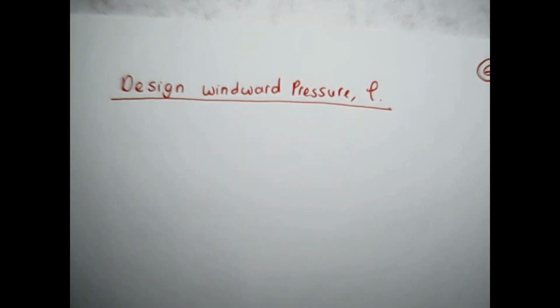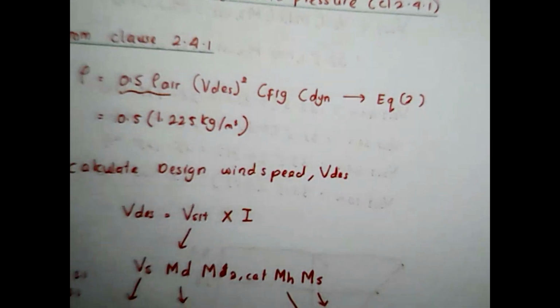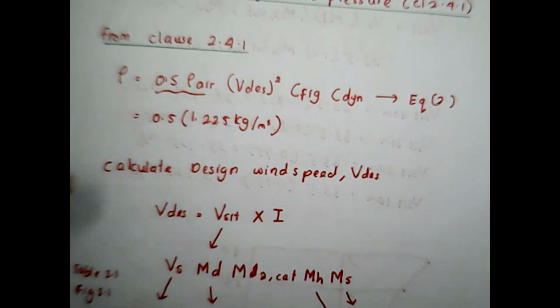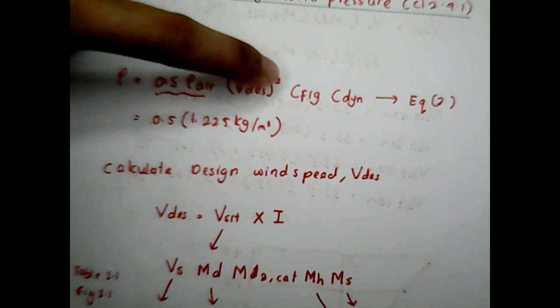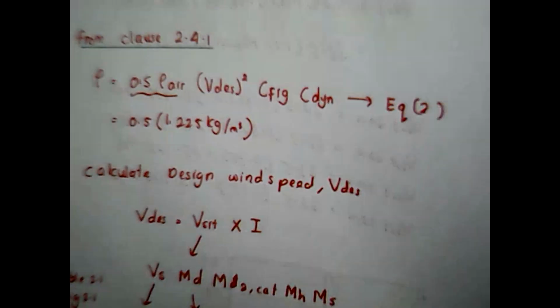Once we have determined all the parameters, the next step is to substitute all the parameters into the main equation. If you still remember, we have V dash, which we already calculated, and CFIC, which we have done already.